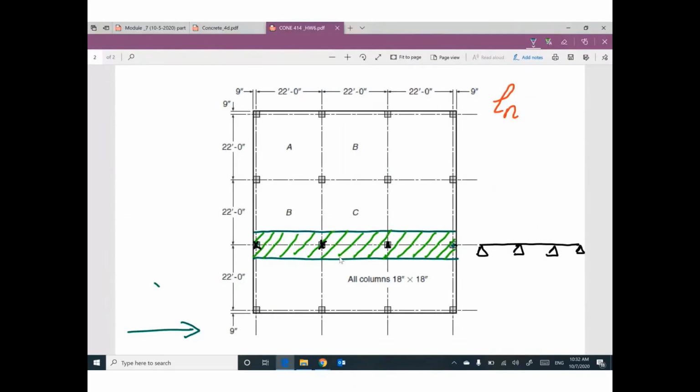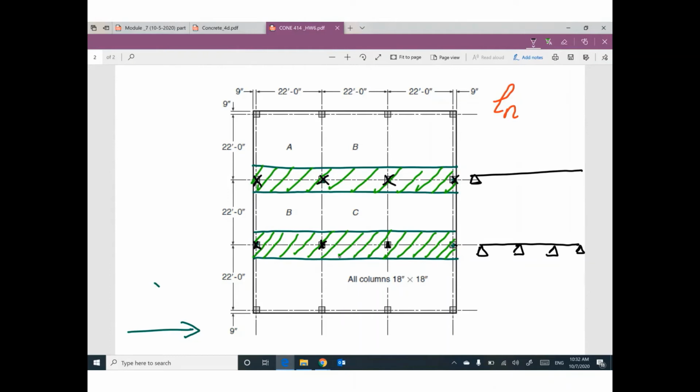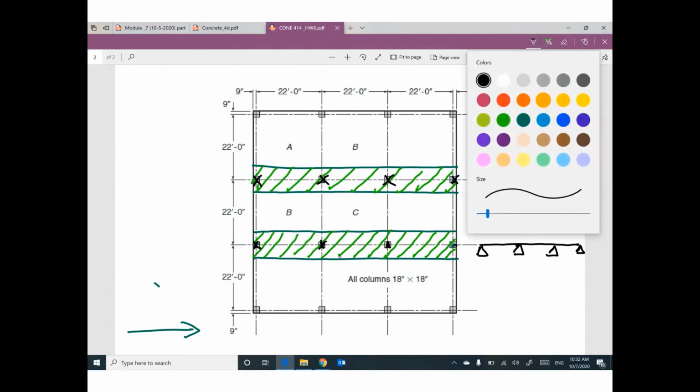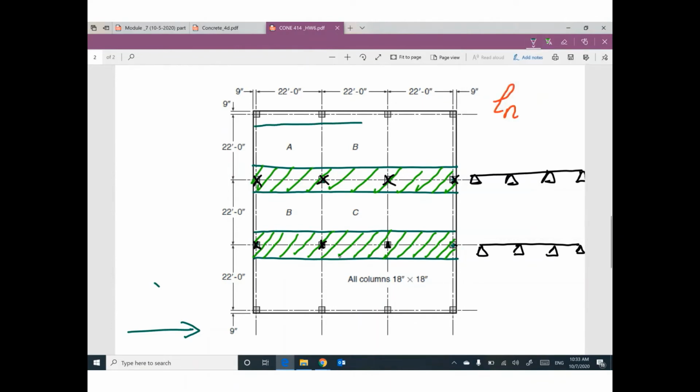For this column and this column and this column and this column, we have another column strip. It has the same meaning. If you are talking about structural analysis, this column strip will look like a beam supported at these columns like this. And we have a column strip here and a column strip here.